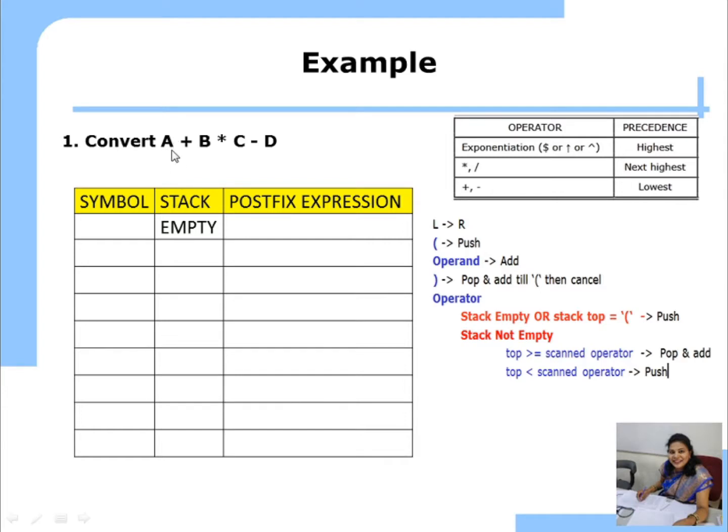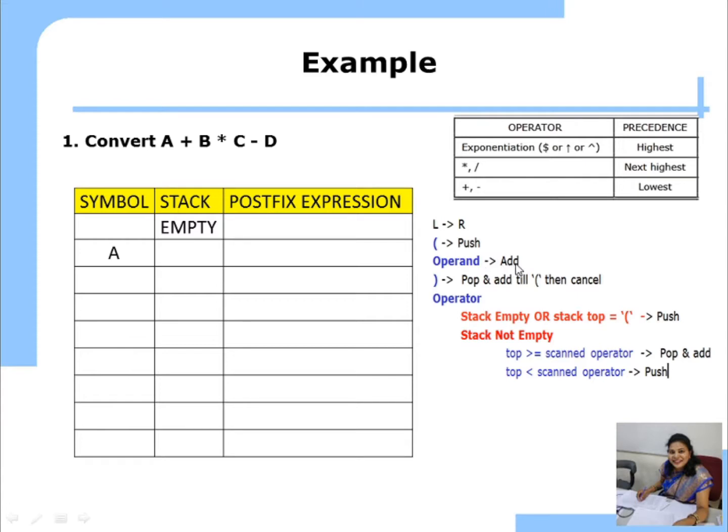What is first present at the left side? A. So this is the first step. You are scanning the infix expression. The first is A. So what is A? Is it left parenthesis? Is it right parenthesis? Is it operand or is it operator? A is an operand. So if an operand is encountered, what are you going to do?